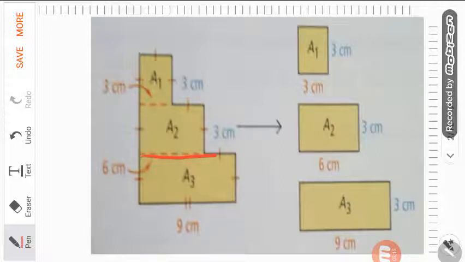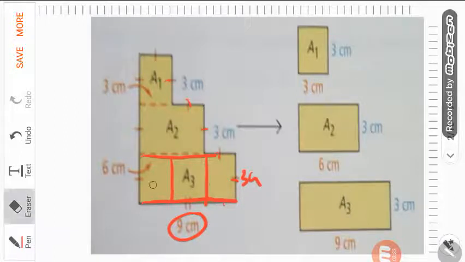And then we have another one that is composed of 3 squares, one here, and one here. So the base is a combination of 3 plus 3 plus 3, which equals 9. And the height is only 3 centimeters, as indicated by the symbol that I previously explained.